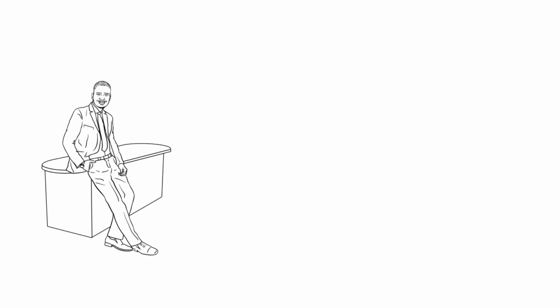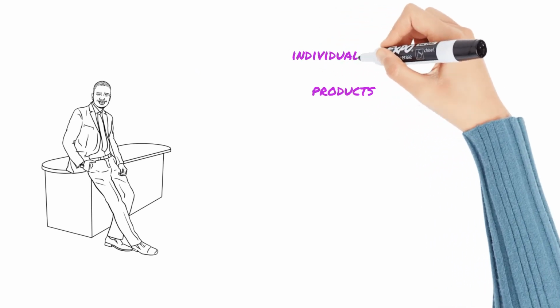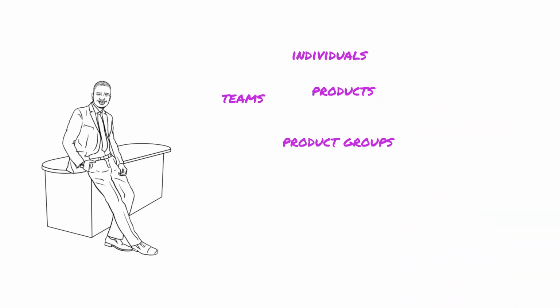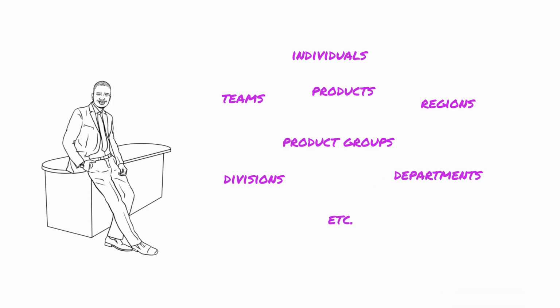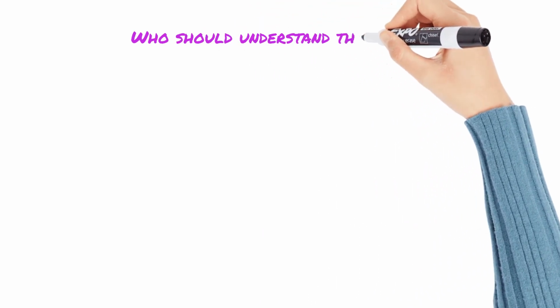This type of analysis can and should be performed for individuals, teams, departments, regions, product and product groups, divisions, etc. It will help you understand where your sales and margins are coming from. Who should be aware of this type of analysis?